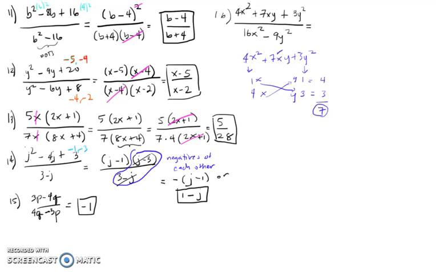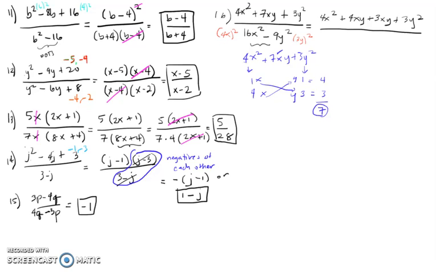That would give me 4x squared plus 4xy plus 3xy plus 3y squared all over, and again this is a difference of squares, because you can use 4x raised to 2 and 3y squared.